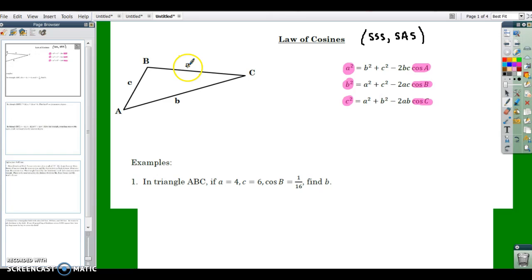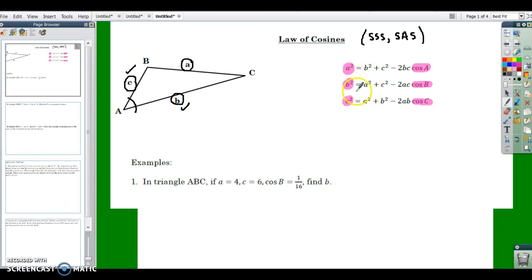Side A squared is equal to side B squared plus C squared minus 2 times B times C times the cosine of the angle between them. And that's what happens with every single one of these. So you see these letters changing, but they all are doing the same thing.